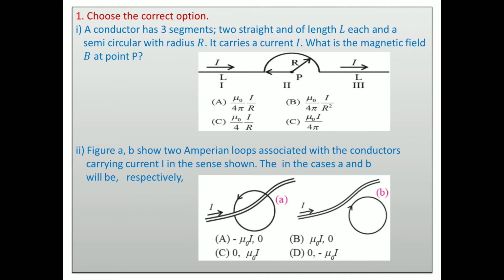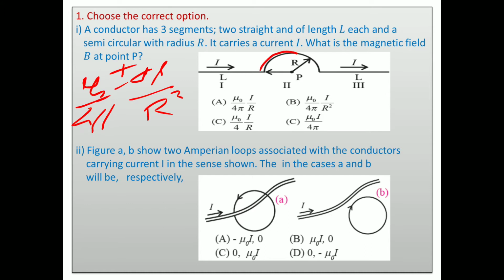And we know that for the semicircular part, this is the Biot-Savart law: mu naught upon 4 pi, I dl sin theta, sin 90 is there, that's why sin theta is not necessary, divided by the square of the distance, at the center, which is point P. But dl is the semicircular segment.